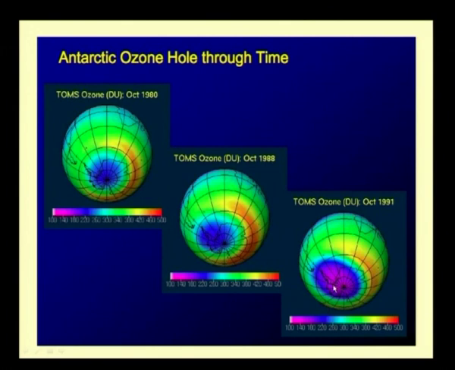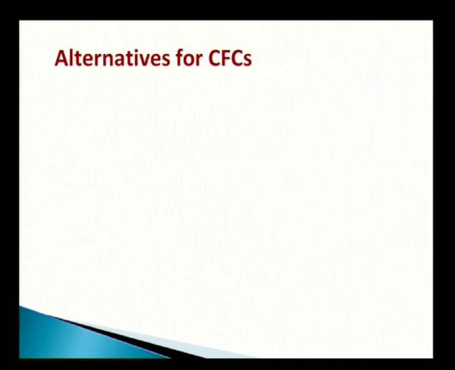Therefore, that diagram is clearly depicting that the ozone hole is gradually increasing, and particularly that it is happening in the polar region only, and therefore the polar regions are much more sensitive to ozone depletion than the equatorial region. And now, how can we mitigate or how can we avoid the ozone depletion?